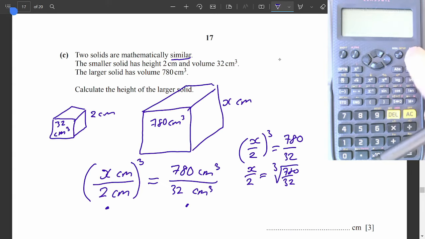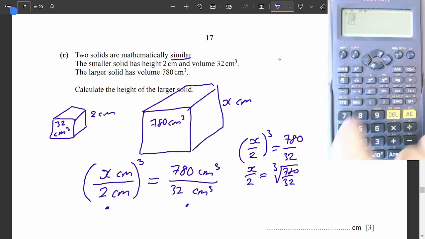We can do that quickly. Shift, cube root is there. Fraction, 780 over 32. We get that massive answer. Okay. x divided by 2. We need to multiply the 2 on the other side.